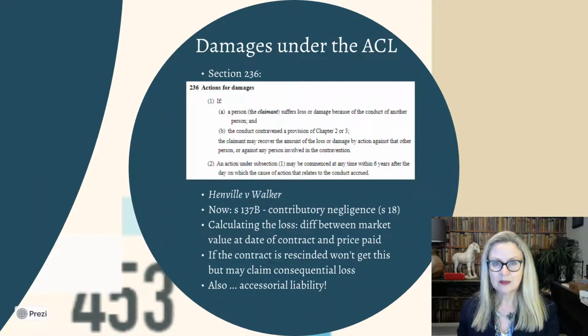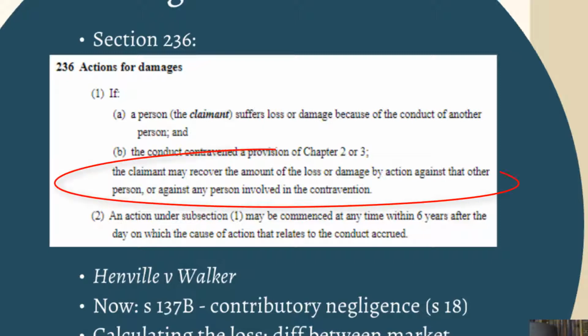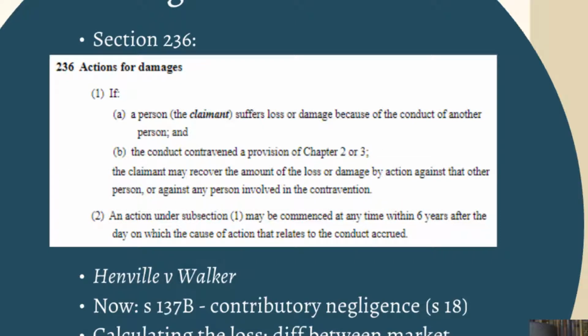If you are claiming under the ACL for misleading or deceptive conduct, then section 236 is your go-to section, and that says if a person has suffered loss or damage because of contravention of chapter 2, you can recover that amount by suing the other person.